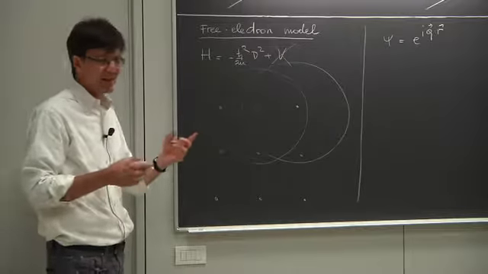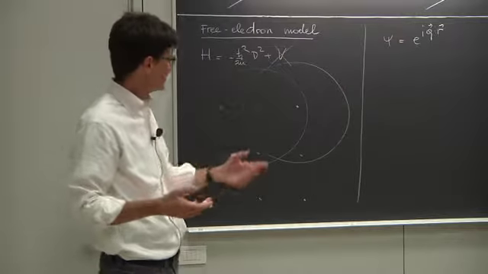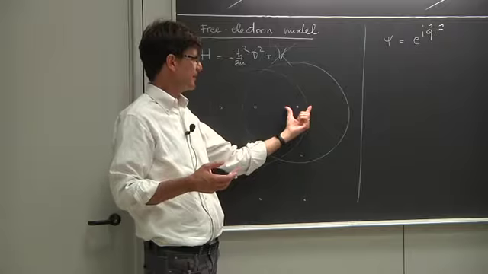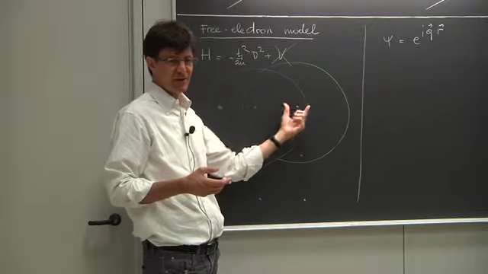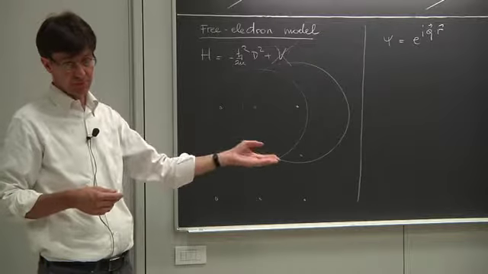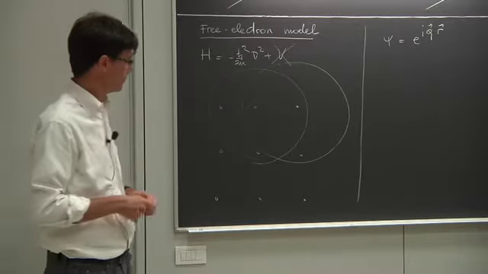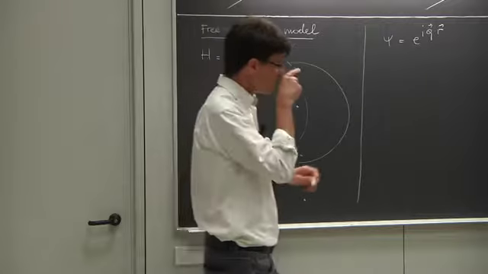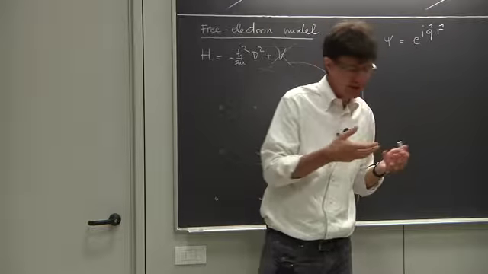If you're dealing with rare gases, inert gases, the extension of the wave function is a small fraction of the distance between atoms. So you're in the completely opposite approximation. This approximation gives qualitatively interesting results.